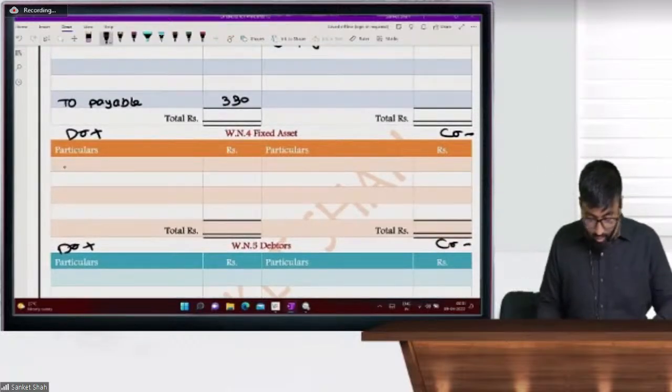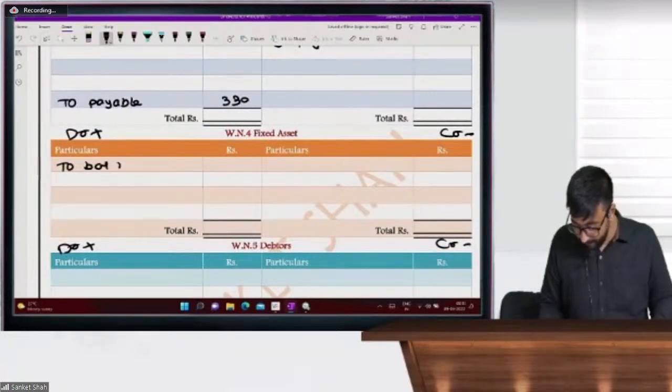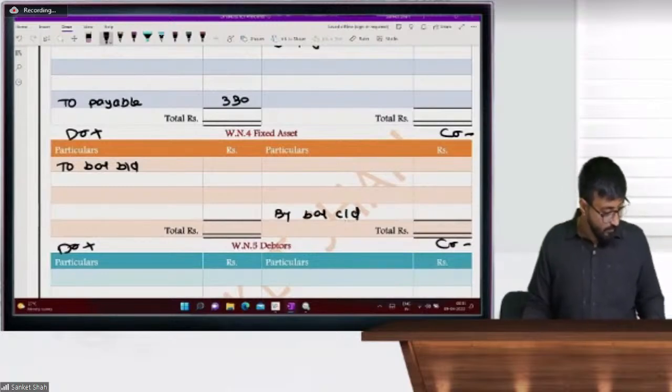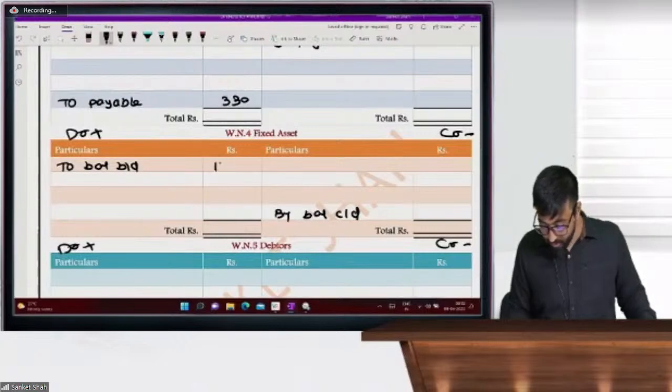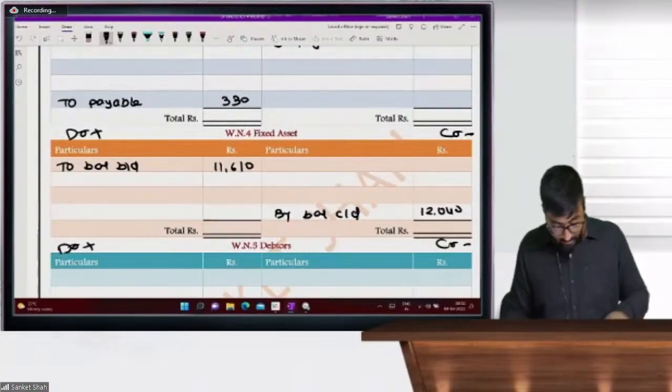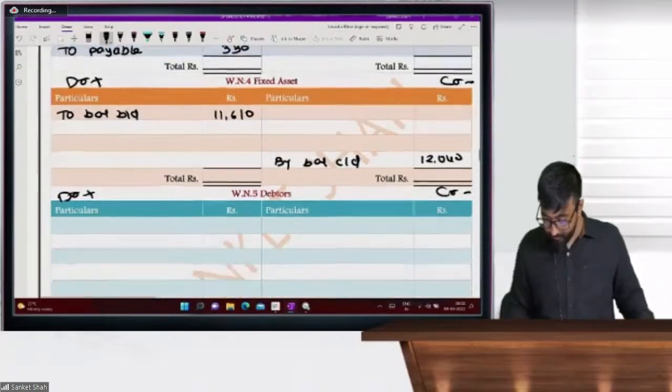Fixed asset, to balance brought down and by balance carried down. कितना है? 11,610, 12,040. नेक्स्ट.